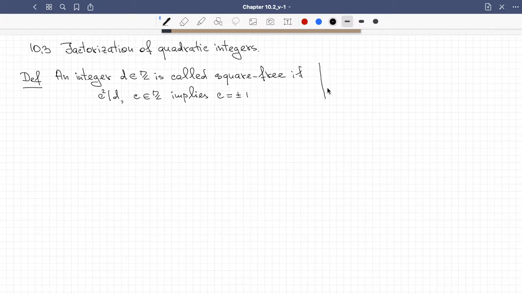Basically, what we want to say, the integer is not divisible by squares of integers.